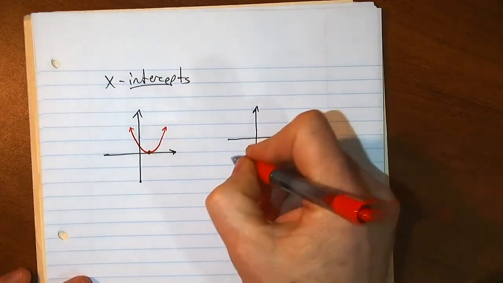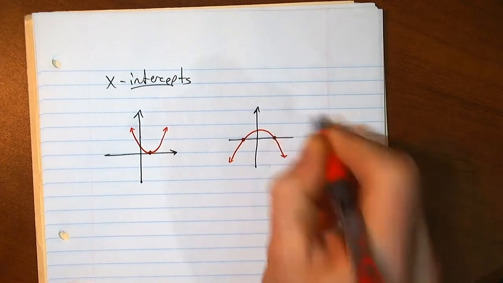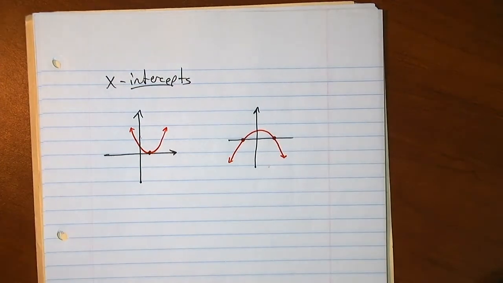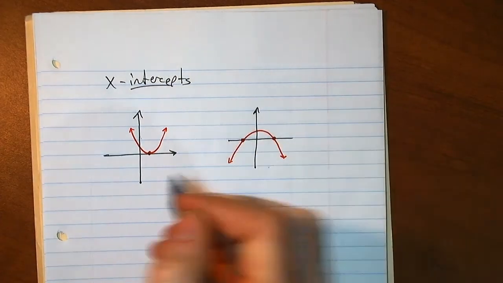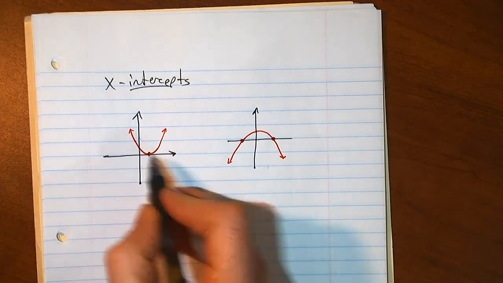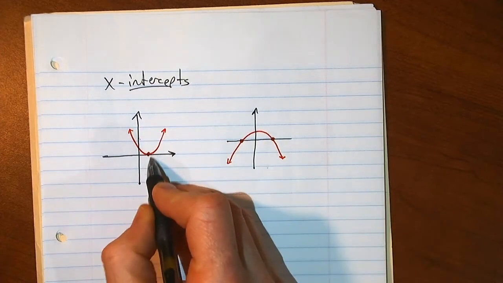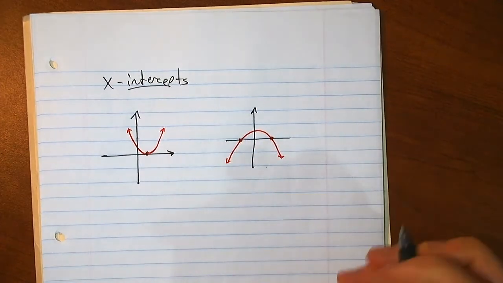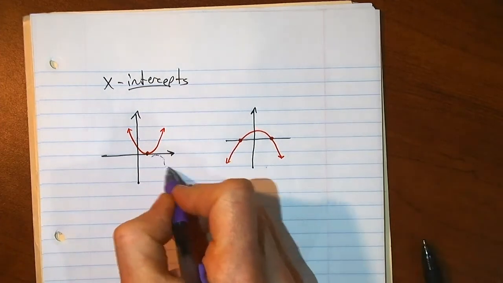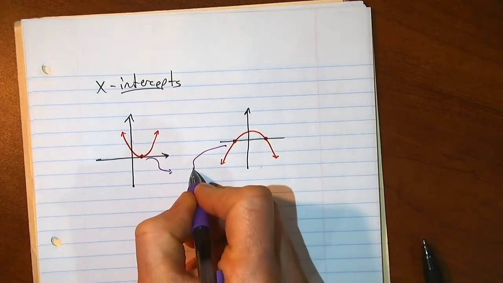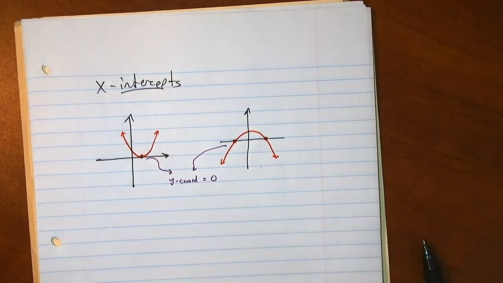So maybe my parabola goes this way. In either case, it doesn't matter. What happens is the x-intercepts are exactly on the x-axis by definition, which means I've only moved right or left, but I have not moved up or down for any of those. And if I haven't moved up or down at all, then in every single one of these scenarios, the y coordinate equals 0.